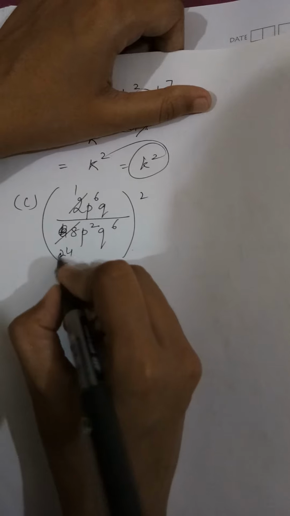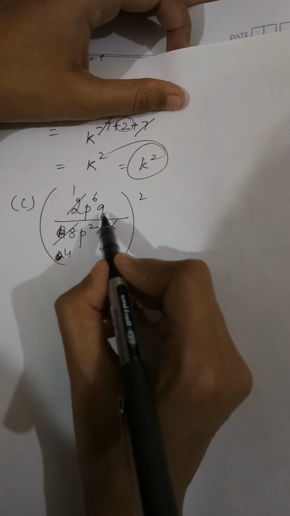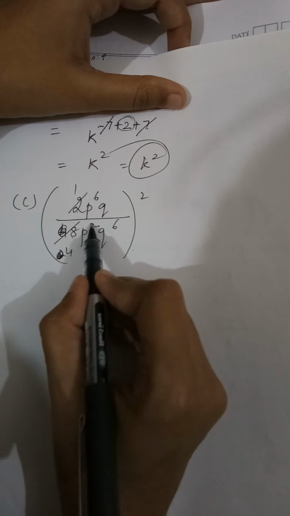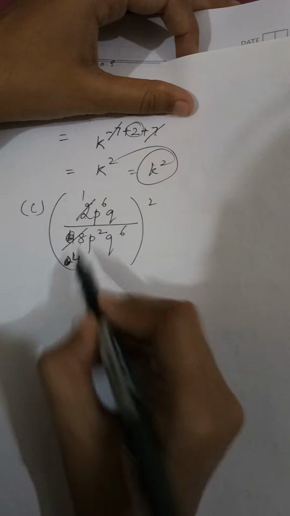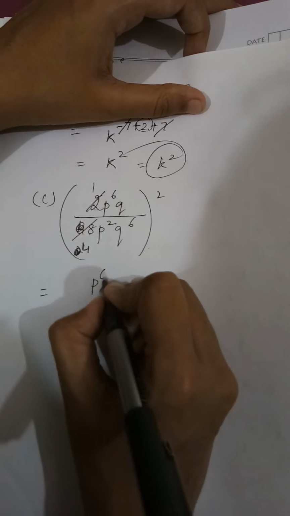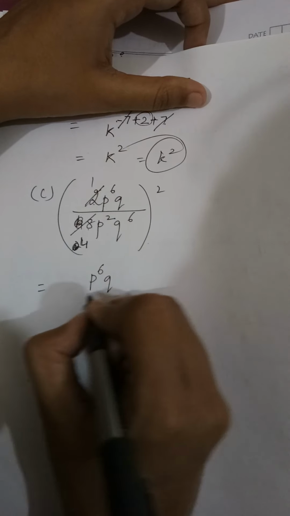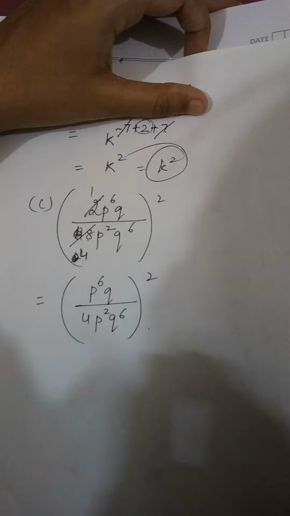So it was 2p to the power 6 into q divided by 8p square q to the power 6. Now 2 ones are 2, and this will be 2 fours are 8. What is left with me: p to the power 6 into q divided by 4p square q to the power 6, whole square.